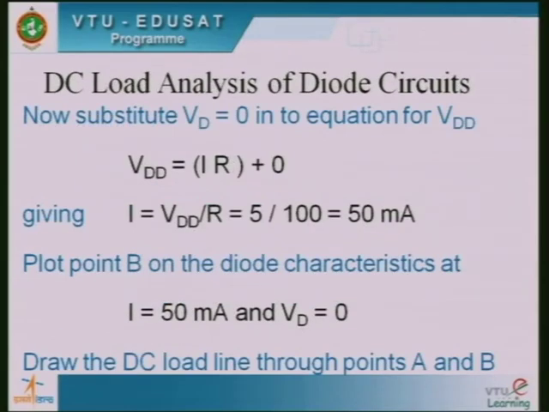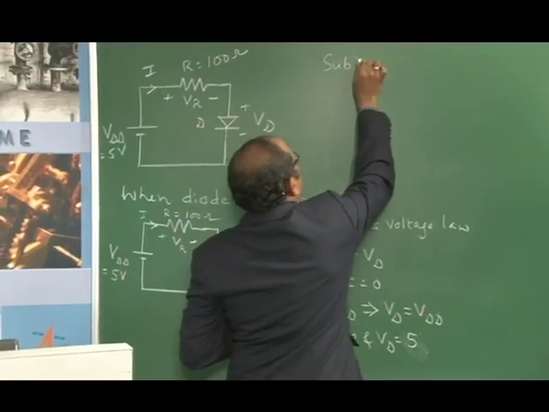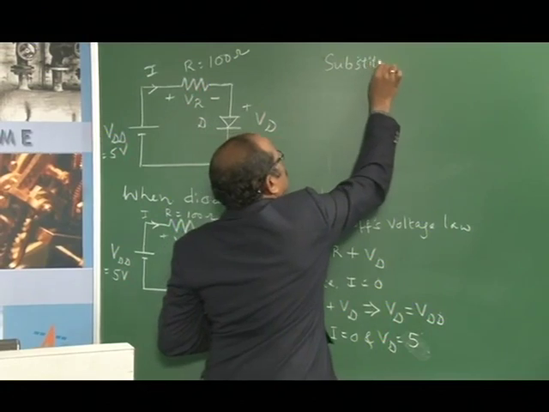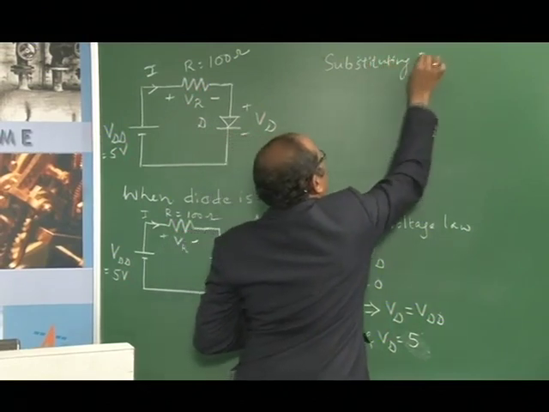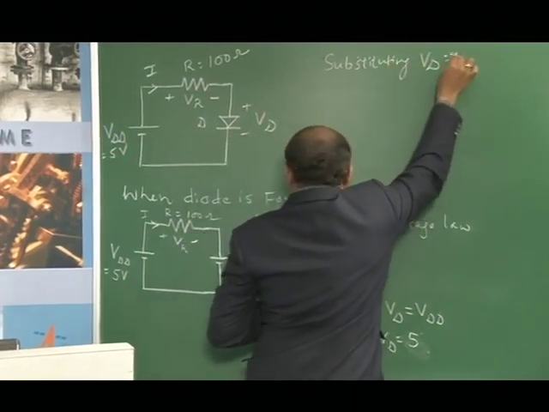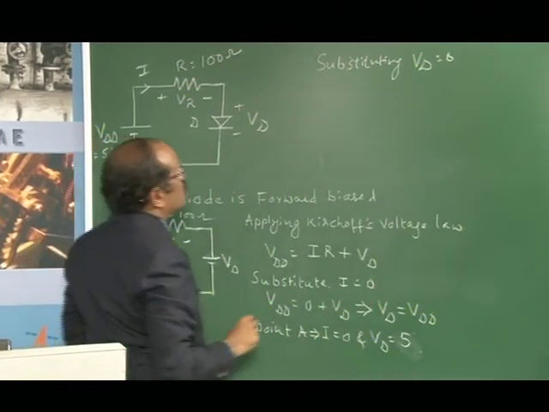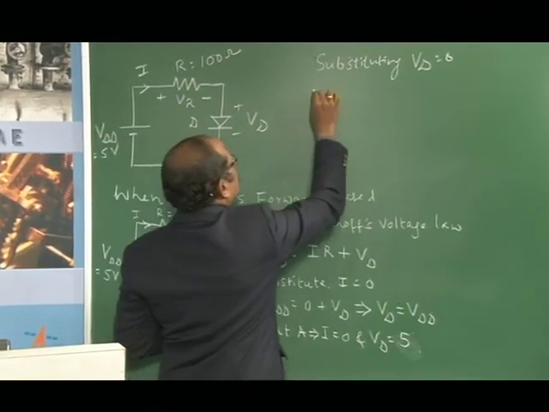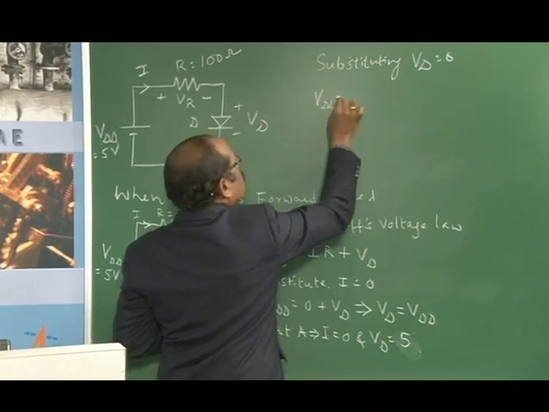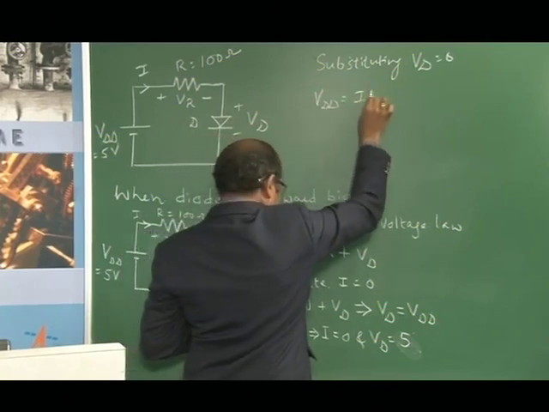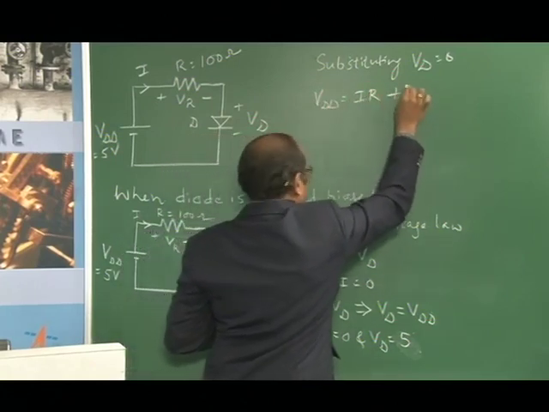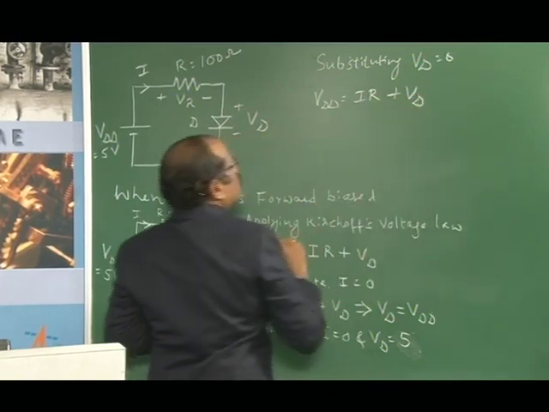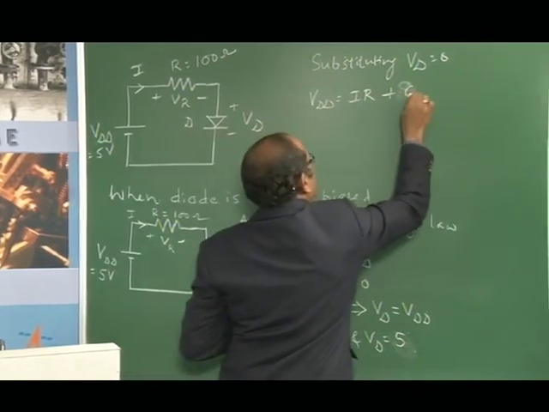The other point comes if you substitute VD equal to 0 in this equation. What will we get? VDD will be equal to I into R, since VD will be 0.